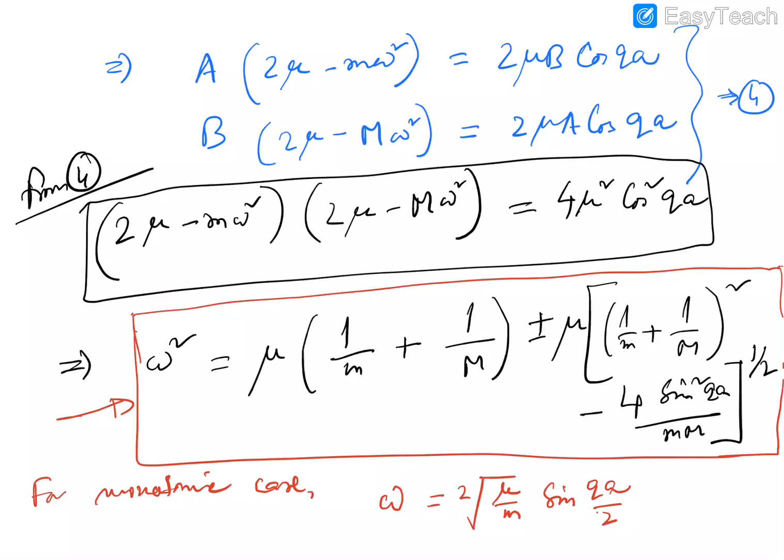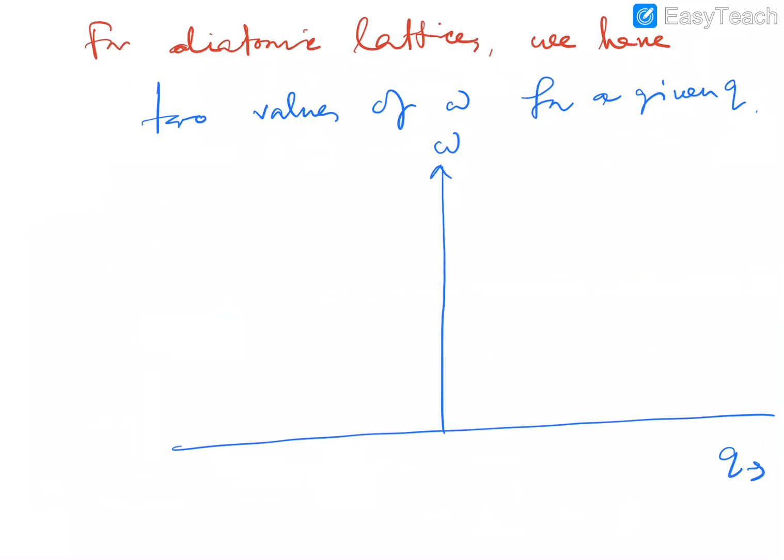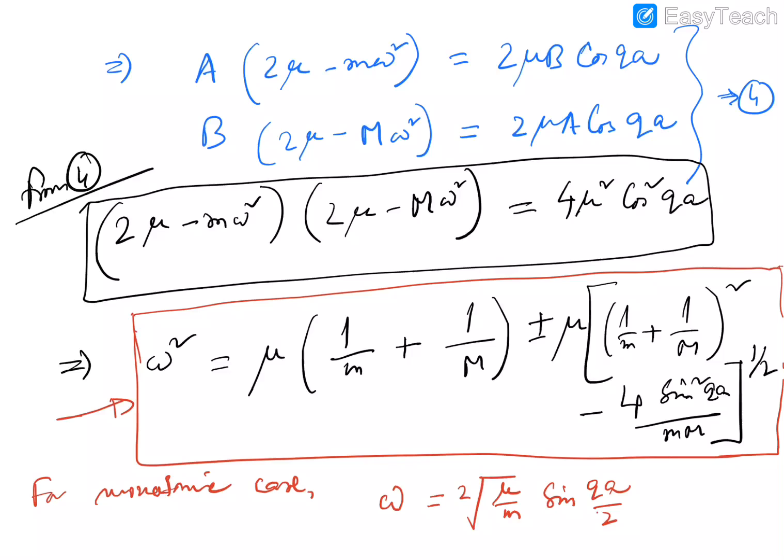Now let me go back to this. So what is maximum omega? Let's say we have now omega values as omega plus and omega minus, right, corresponding to these plus and minus values here.